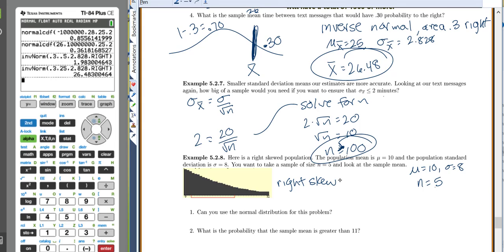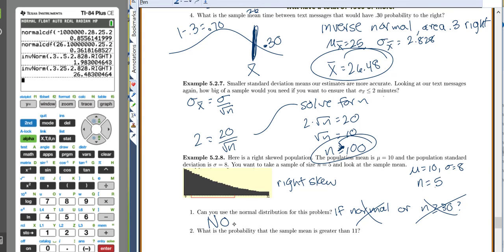And I want to know, can you use the normal distribution for this problem? Well, we can only use the normal distribution if it's normal or n is at least 30. Okay, but here n is small, and that is definitely not normal. So it's not normal. My sample size is not 30.